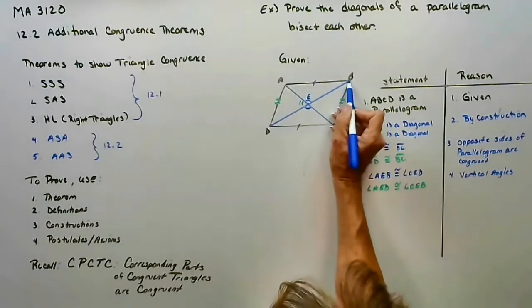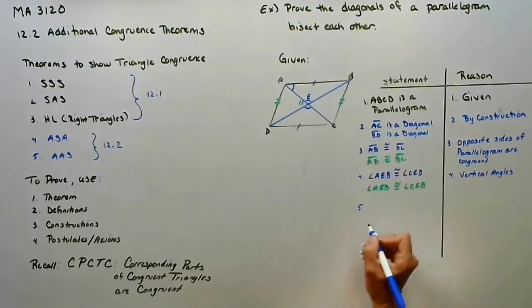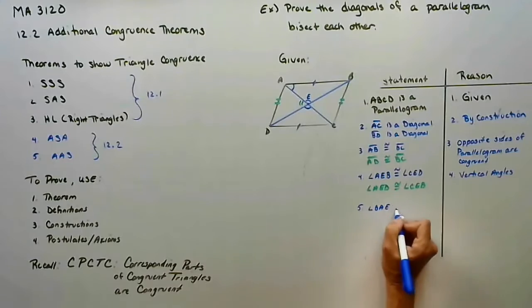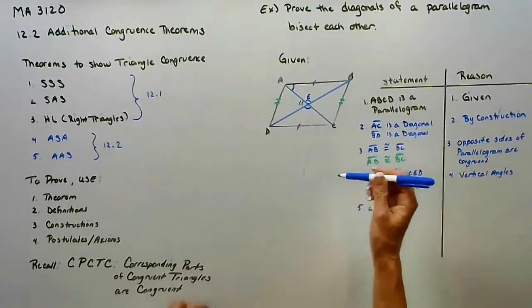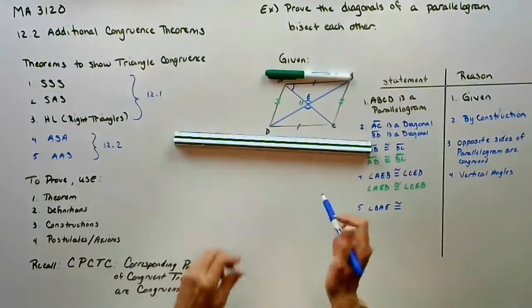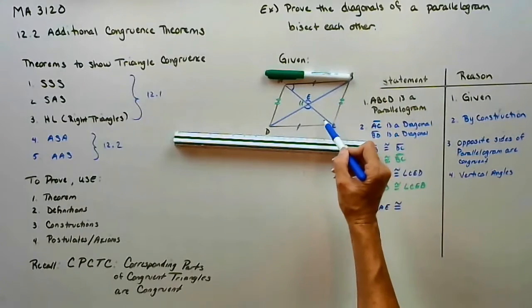Let's say I go from B to A to E. Well, if these two sides are congruent and parallel, here's my transversal. That means that this angle would have to be congruent.